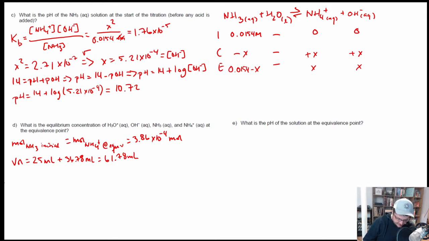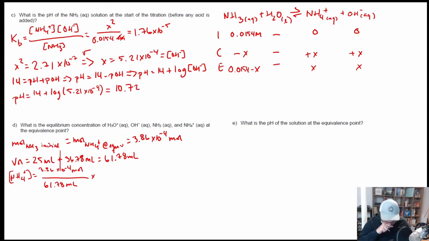Now to calculate the concentration of the NH4 plus, all we have to do is take the number of moles that we have here, 3.86 times 10 to the negative 4 moles, divided by that volume, 61.78 milliliters.